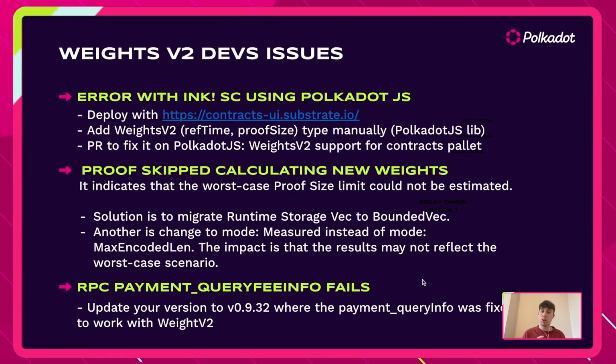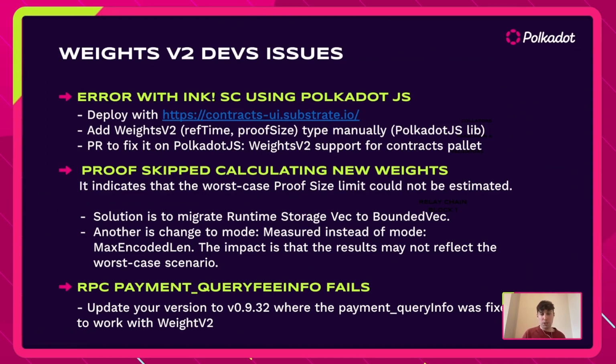For example, if you have a vector that can grow unlimited, without your control, one of the options is to migrate from the vector to a bounded vector, which is basically a vector that has a limit of elements. That's not easy to do all the time in a migration. Another option is to change the mode when you are calculating these new weights to be more flexible, so to say. The problem with that is that it cannot reflect the worst case scenario, and we will see in the demo that Daniel is going to do what happens when you underestimate weights. What problem can happen with that?